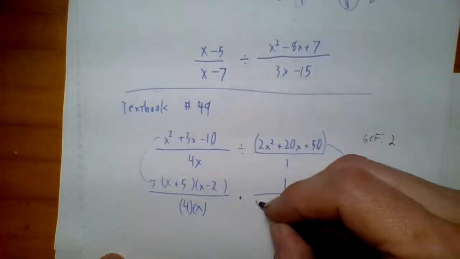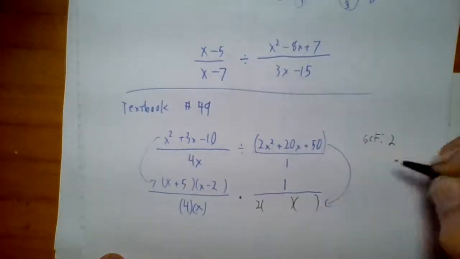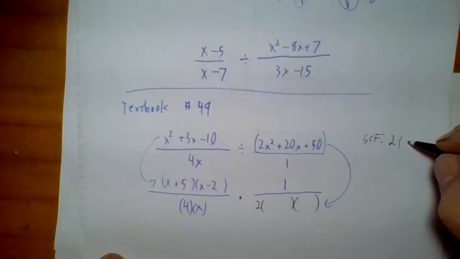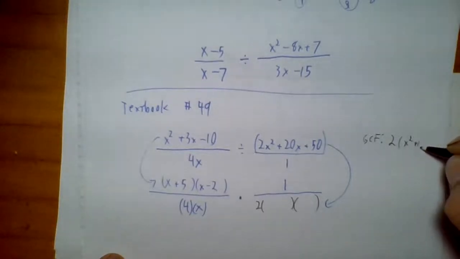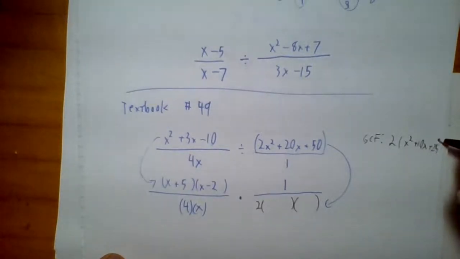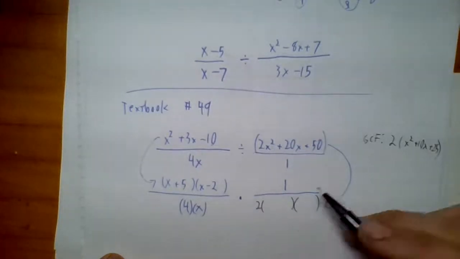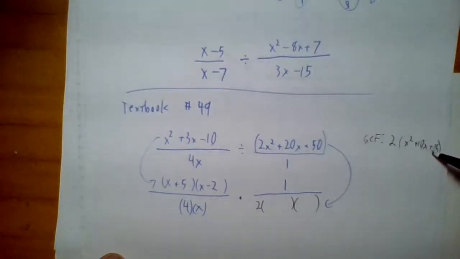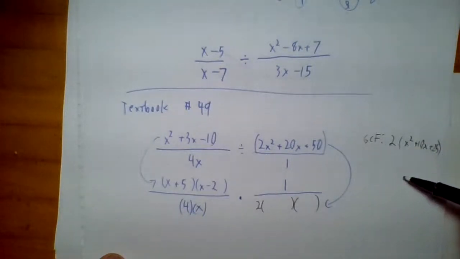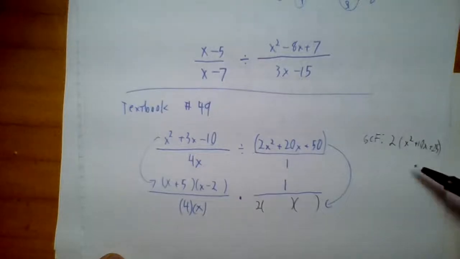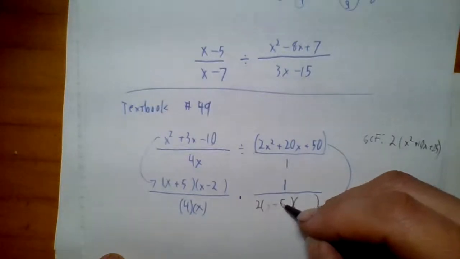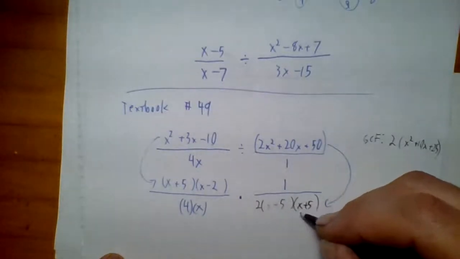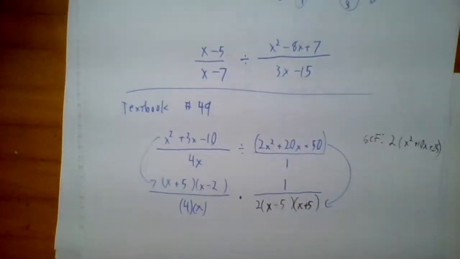We've got a common factor of 2. And then this is just x squared plus 10x plus 25. So for one thing, we've got one of the factors already. And for another thing, this looks a lot easier to factor now because that 2 is out of the way. We've got smaller numbers. Sure enough, this factors into x plus 5, x plus 5. And so those are the factored forms.